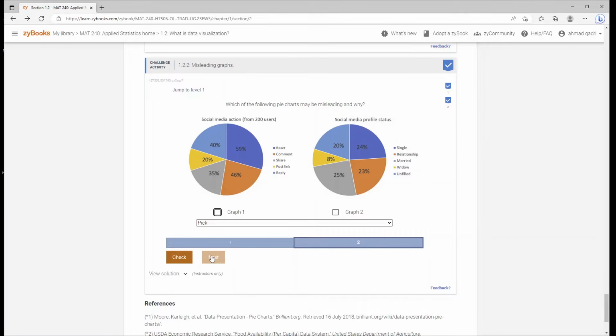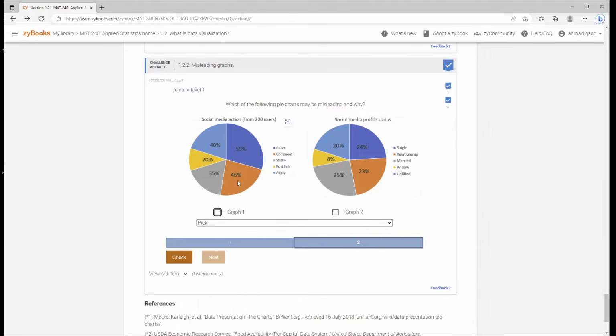So here the question is, which of the following pie charts may be misleading and why? So here is the first pie chart and here is the second pie chart. So let's go over this. Here we have social media action from 200 users, and this is social media profile status. And we can see that the slices are labeled here, and the slices contain the percentage representation of each of these labels.